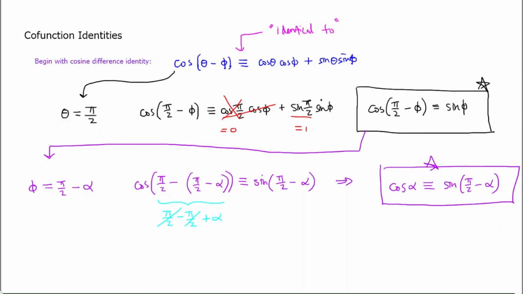Any pair of functions that are related by this co prefix have a cofunction identity that relates them. So in some sense, those identities come in pairs as well. Now let me clean up the board here just a little bit, and then we will continue.